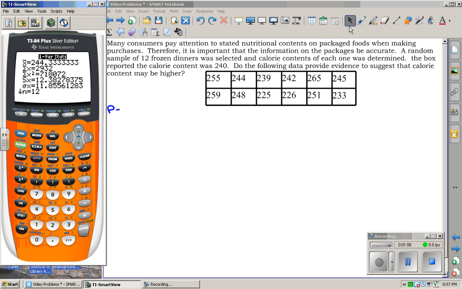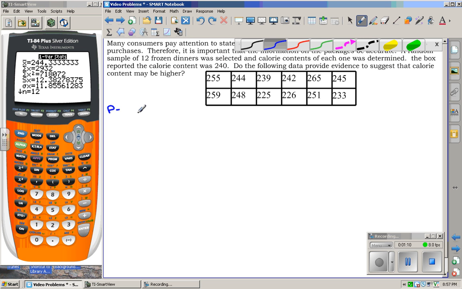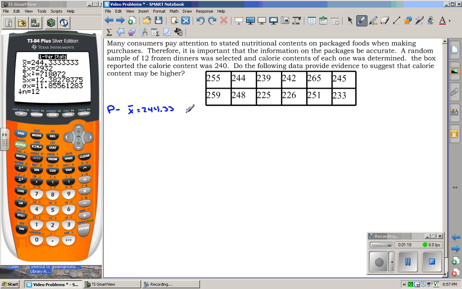So based off of our list here, we know that x bar is 244.3. We know that S sub x, the standard deviation of the sample, is 12.38. We know the sample size is 12, and up here they're claiming that it's 240.